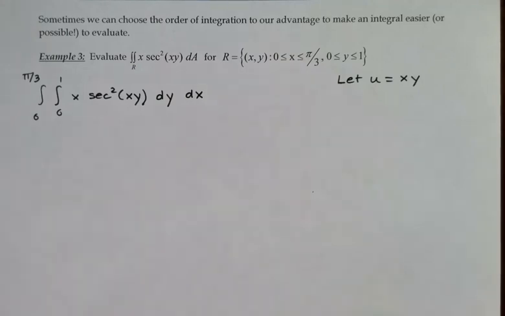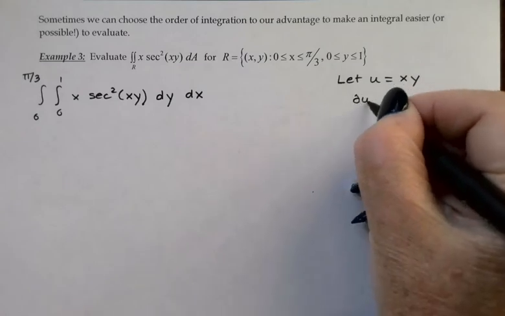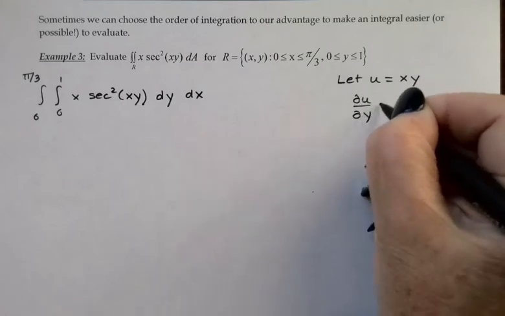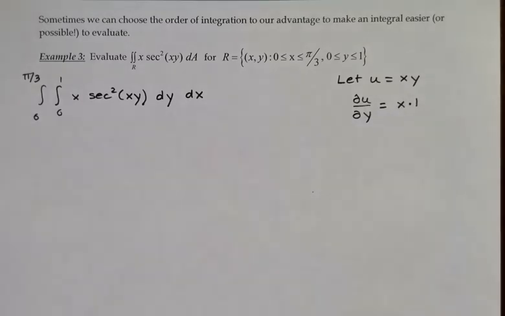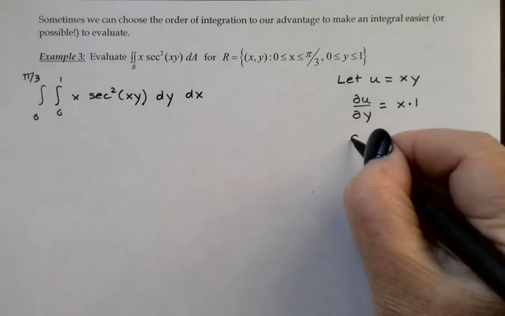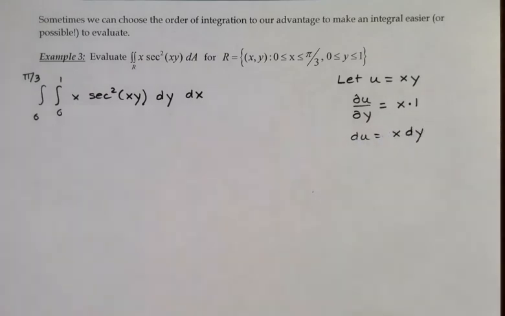All right, I'm going to finish my U substitution piece. We're doing the y, so the partial derivative of u with respect to y would be x times just 1. And therefore du is equal to x dy.